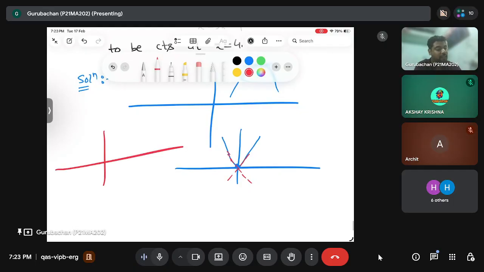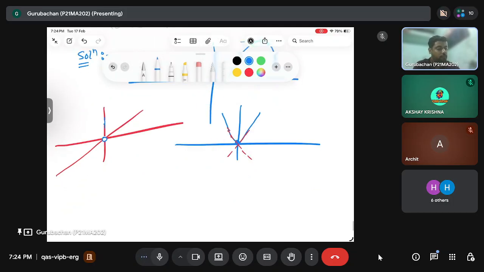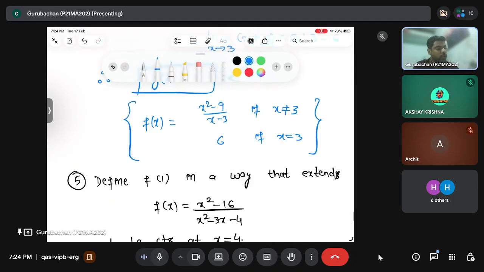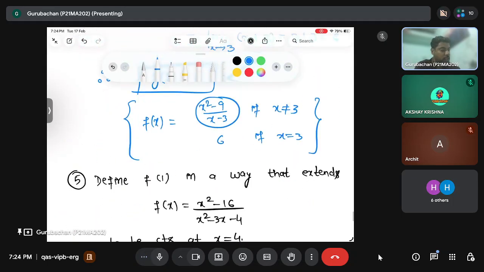In the same way, for example, I am giving you a function where I am saying this is not defined at x equal to 0, and here this is the value 1. Okay, so earlier it was not defined at 0. So here your given function is x square minus 9 divided by x minus 3.